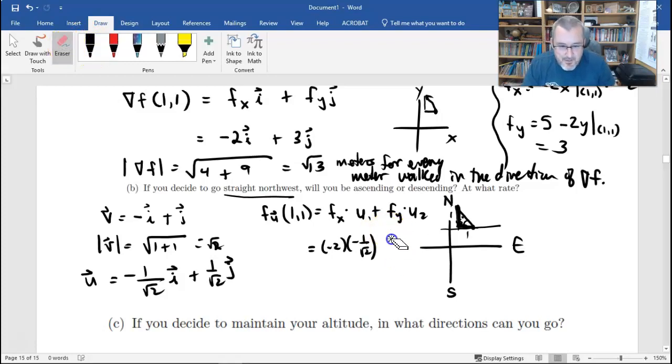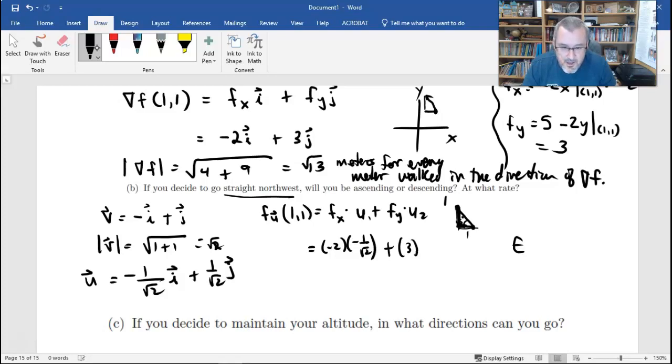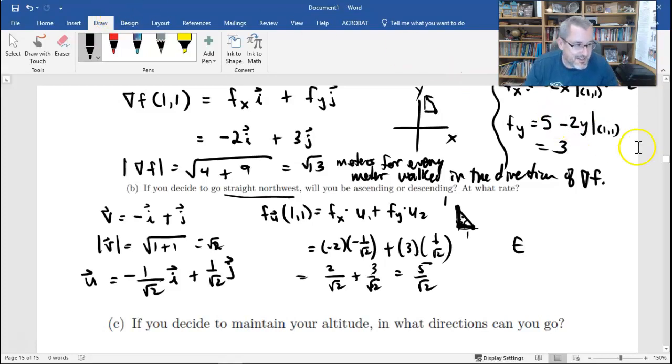Plus, the partial derivative with respect to y at the point 1, 1 was 3. u2 is 1 over the square root of 2. So this all boils down to positive 2 over the square root of 2 plus 3 over the square root of 2, which is 5 over the square root of 2. Hope you tracked my arithmetic there.